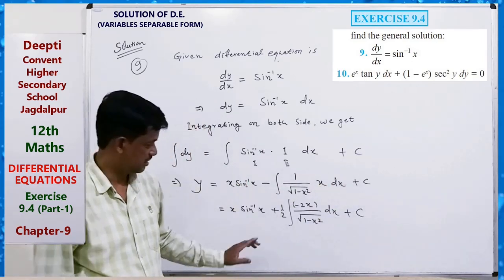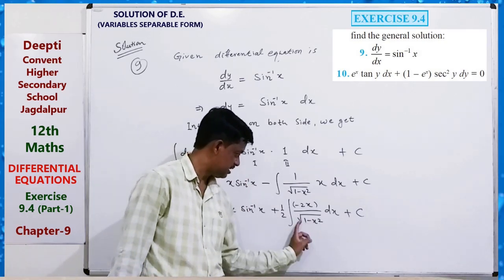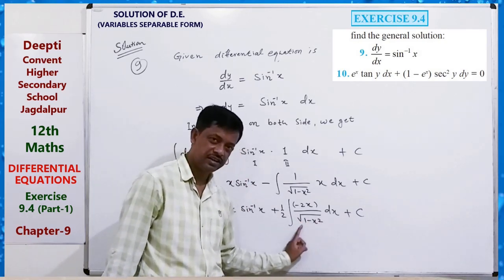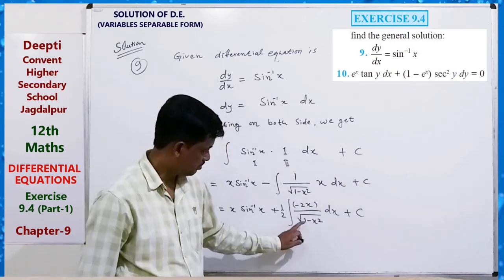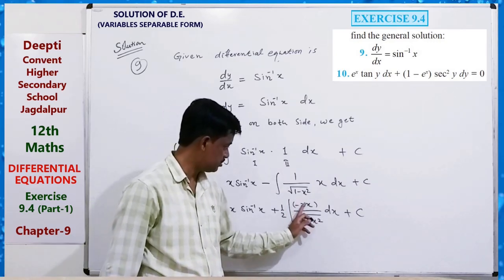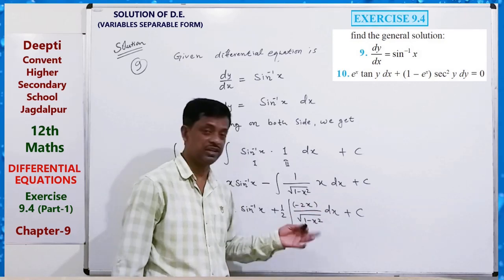We can set it because its quantity 1 minus x square, derivative of this is minus 2x. So if we put this equals to t, then minus 2x dx equals to dt by root t.